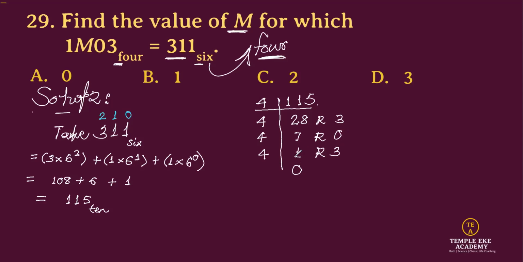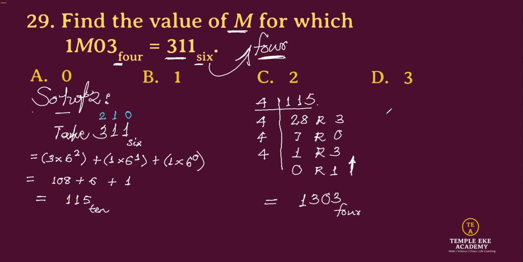And now that 1 over there becomes our final remainder. The answer will be the combination of these digits written in reverse order from the bottom to the top. And therefore we have 1, 3, 0, 3 now in base 4. That's right, from the bottom to the top.